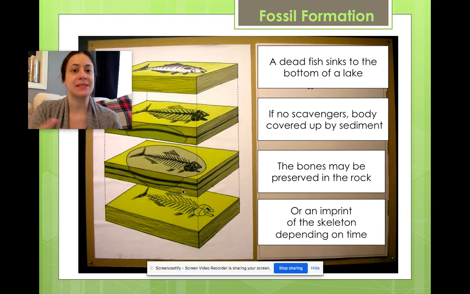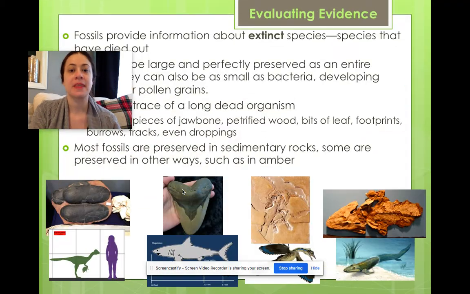The remains must be preserved. Sometimes there may be an event such as a mudslide that traps an organism in place, and therefore scavengers are not able to get there to consume the organism.